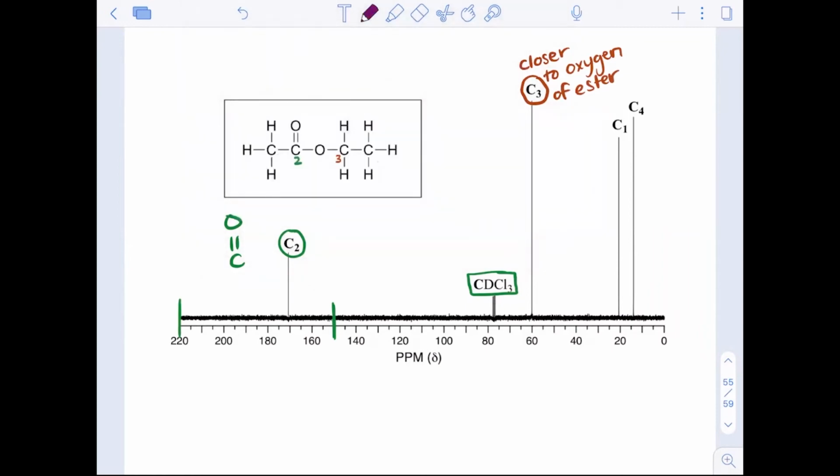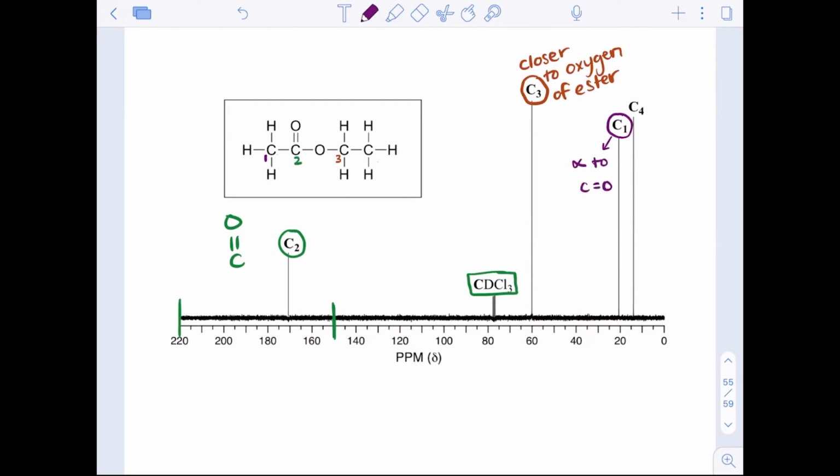All right, let's look at C1 here, the next carbon in our chain. Which one of our leftover outer terminal carbons is C1? Most likely it's going to be this one because it's alpha to the carbonyl. Right?